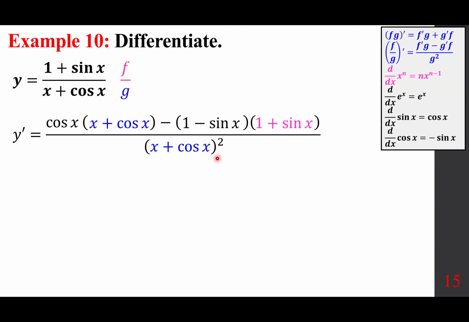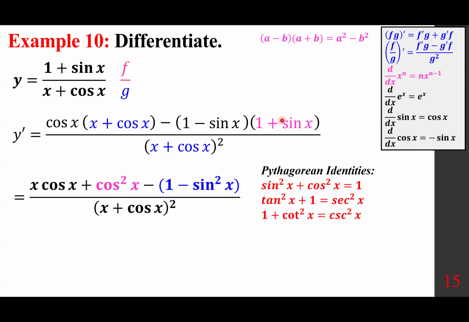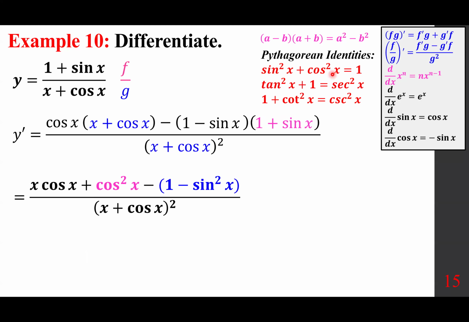We're going to simplify that, and I'm going to look at a couple of things here. (a minus b)(a plus b) is a squared minus b squared. So that can be replaced with 1 minus sine squared. Also, I'm going to remind you of the Pythagorean identities. Sine squared plus cosine squared is 1. Tan squared plus 1 is secant squared. 1 plus cotangent squared is cosecant squared.